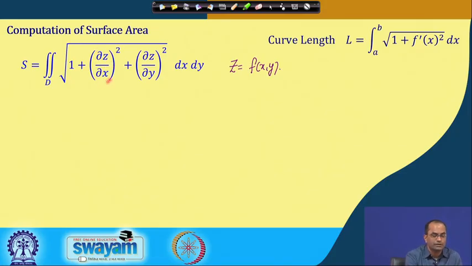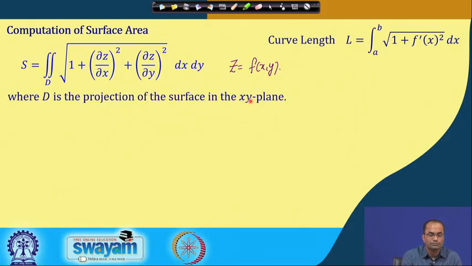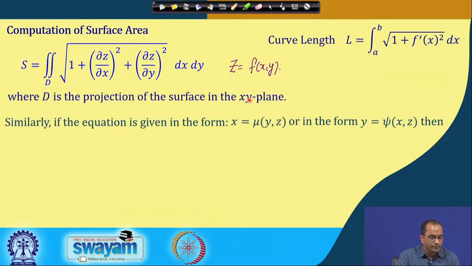So, the first partial derivative with respect to x whole square plus the partial derivative with respect to y of the given function whole square, and then we integrate this integrand over the domain D which is in the x y plane, and this is nothing but the projection of the surface in the x y plane. So, we have some surface over the z axis, and if we project that surface into the x y plane, then D will be exactly that domain. So, D is the projection of the surface in the x y plane.